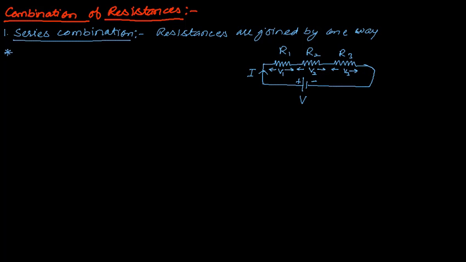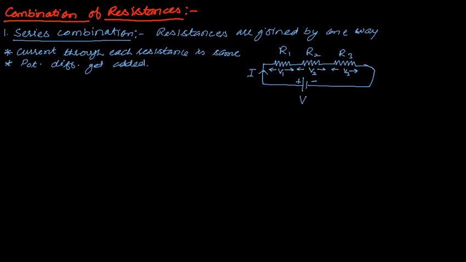In case of series combination, current through each resistance is the same and potential differences get added. So V is equal to V1 plus V2 plus V3.